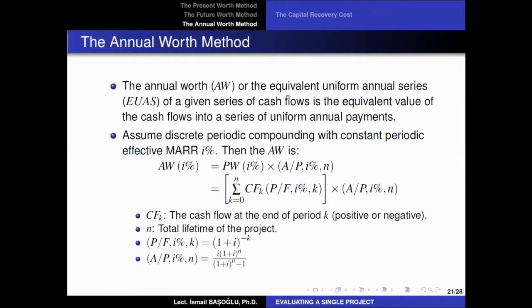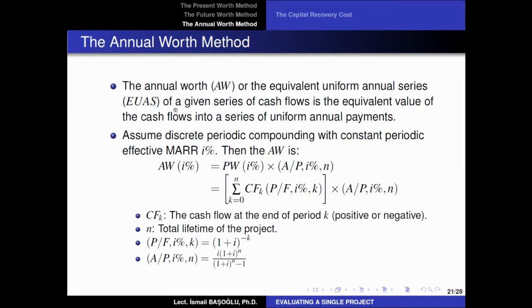In Turkish translation, yıllık eşit mali eşdeğeri. Okay? Yıllık eşit mali eşdeğeri diyebiliriz. Equivalent uniform annual series. Yıllık eşit mali eşdeğeri. So we can use the annual worth or equivalent uniform annual series or yıllık eşit mali eşdeğeri.